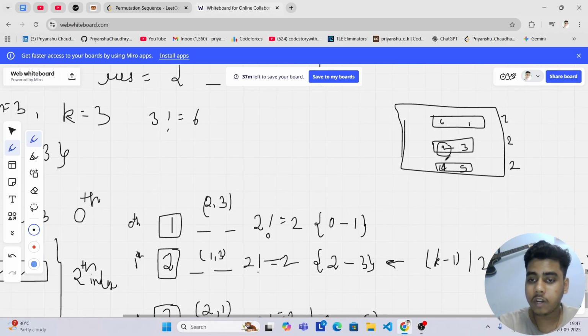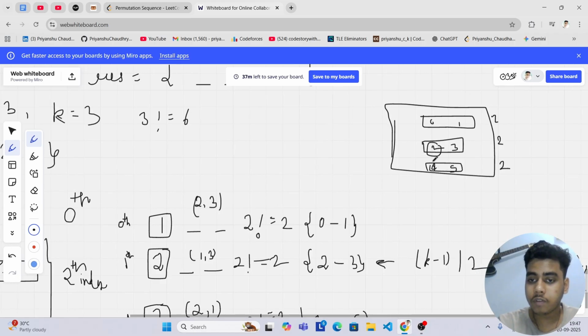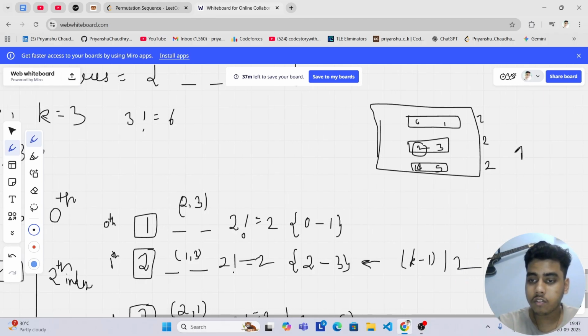Suppose I have to find 4. If I divide 4 by 2, this will give 2. So if these are 0-based indexed elements, I will know that the 2nd block contains 4.